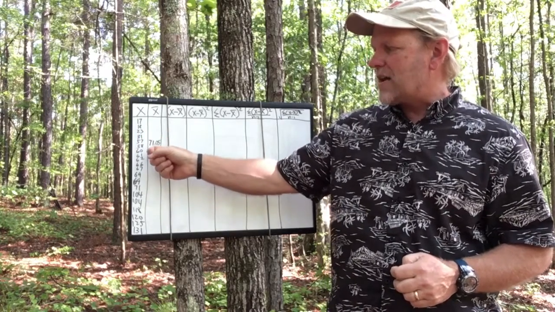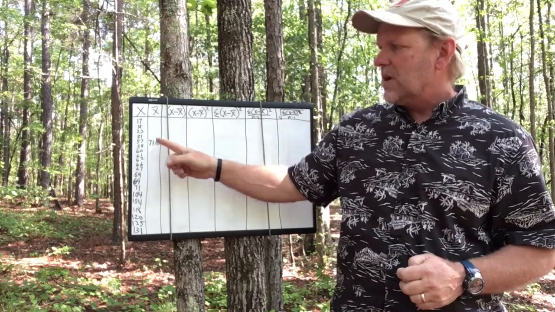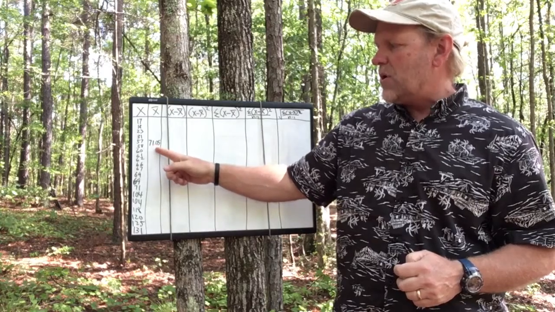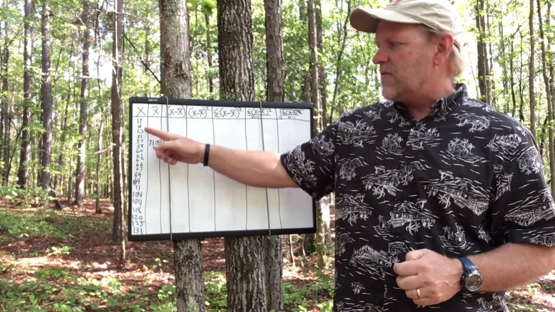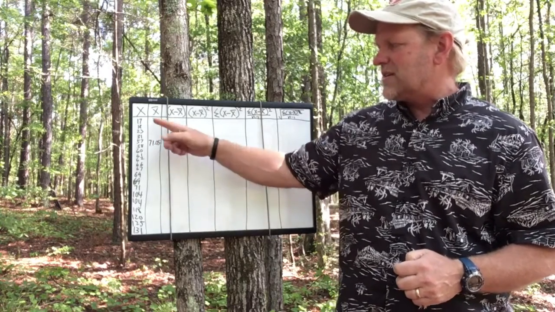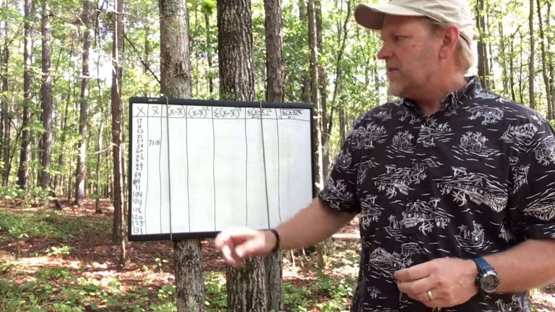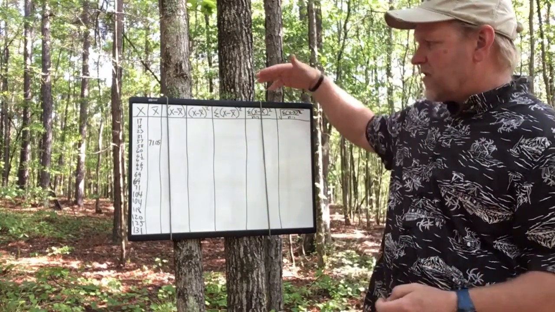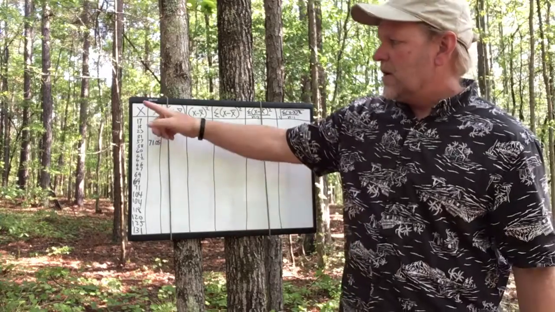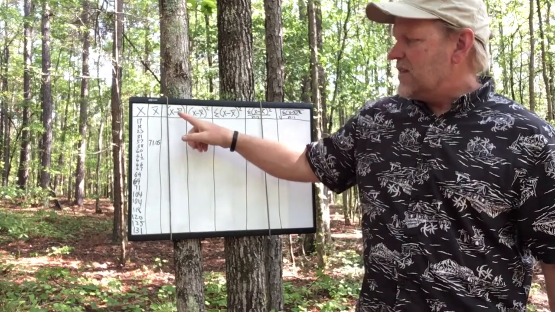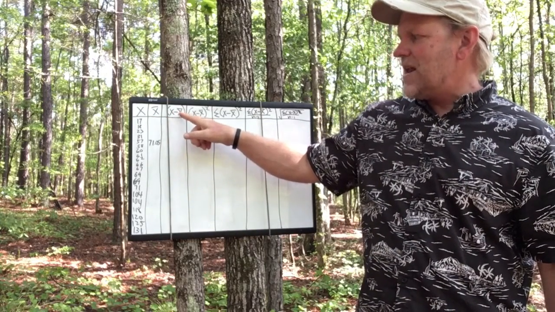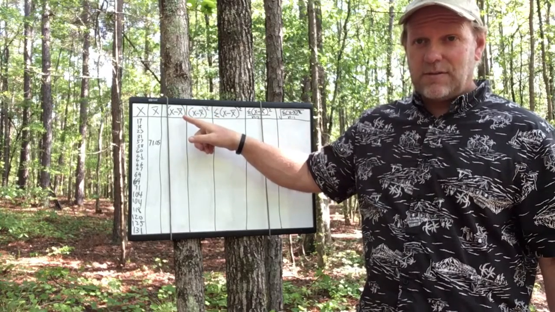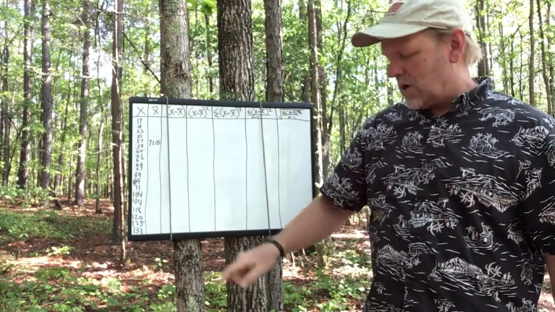So we subtract 71.05 from 17, and then 71.05 from 18, and then from 23, and then from 31, and so on. If you see how I've drawn out this data table, there's our X, here's our bar X, and this next column is X minus bar X. That's the data set that we're going to put here.